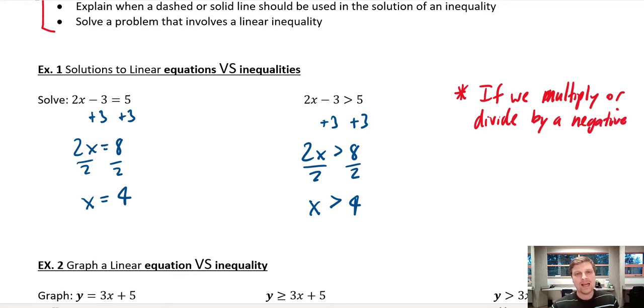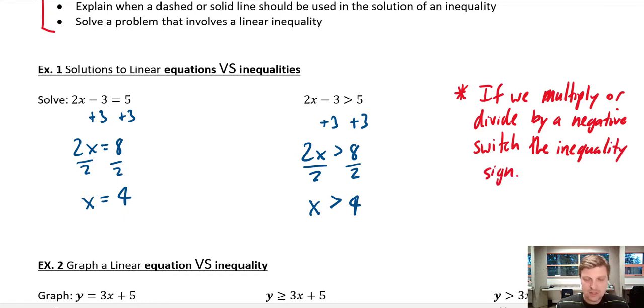If we multiply or divide by a negative, we have to remember to switch the inequality sign. And we'll see some examples of that more in the next video. So if you ever have to multiply or divide by a negative, just swap the inequality. A less than becomes a greater than and vice versa.